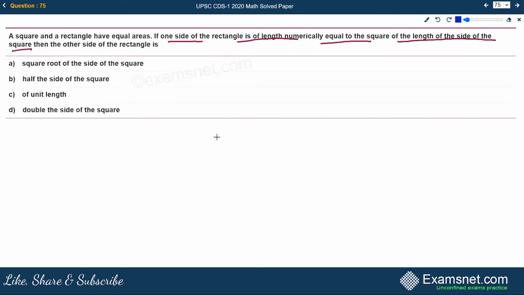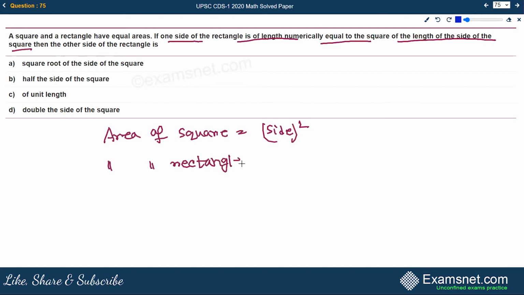First of all, the two formulas we are going to use here, that is area of square, which is side whole square, and next is area of rectangle, length into breadth.